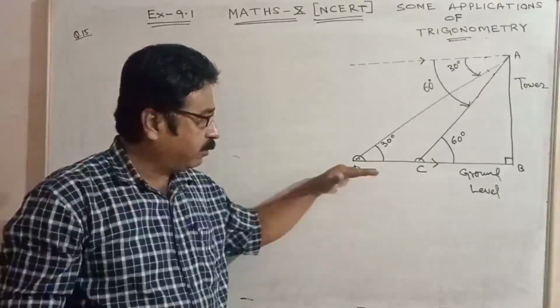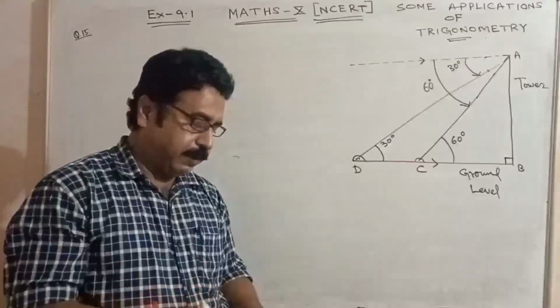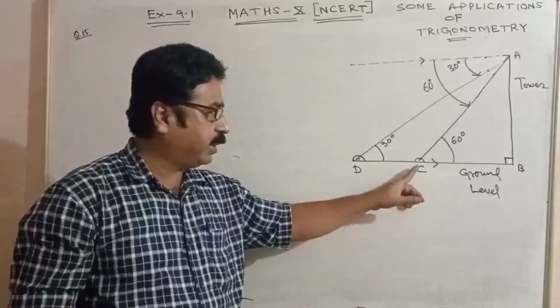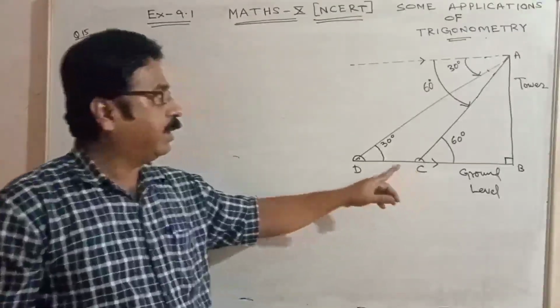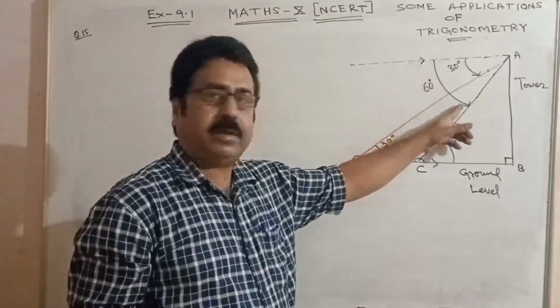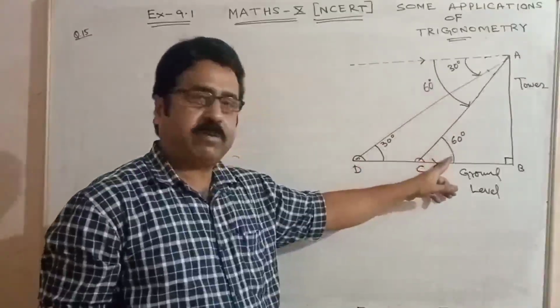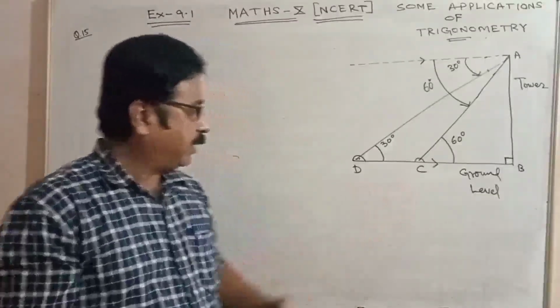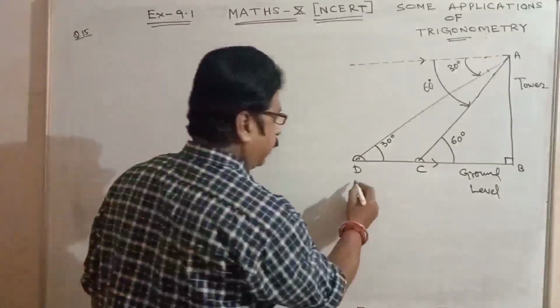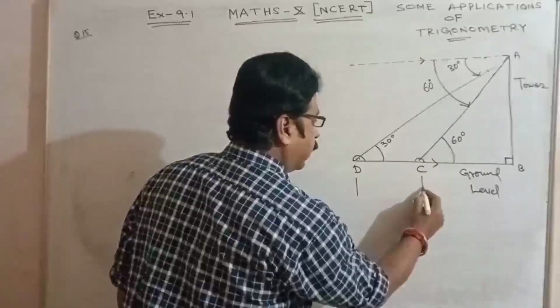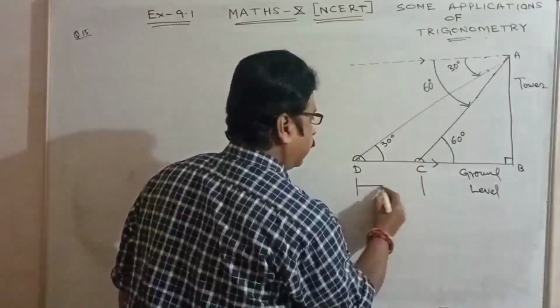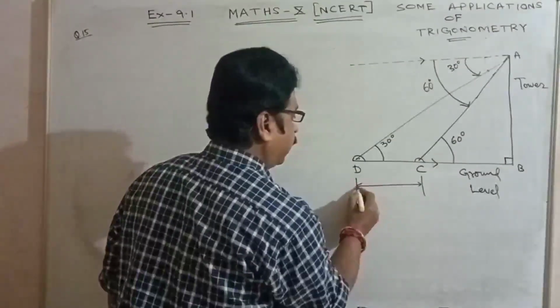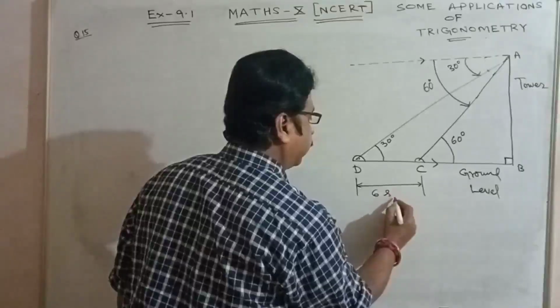Now car is approaching towards the tower. After some time, suppose the car reached at the point C, and then the angle of depression is 60 degree. This is 60, this also will be 60 degree. For traveling this much distance, time is given. Time is given 6 seconds.